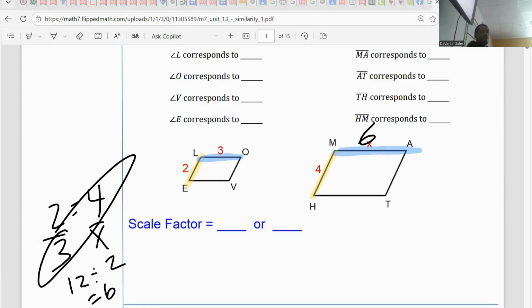So if I do 4 divided by 2, it's 2. If I do 6 divided by 3, it's 2. Anytime you are going from a smaller size to a larger size, it's going to be a whole number. Anytime you're going from a larger to a smaller one, it'll be division and end up being a fraction. So this one would be 2.